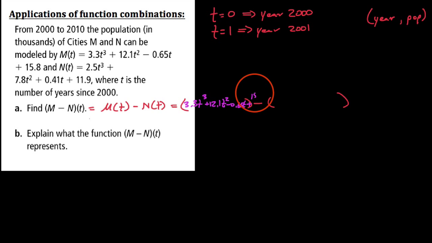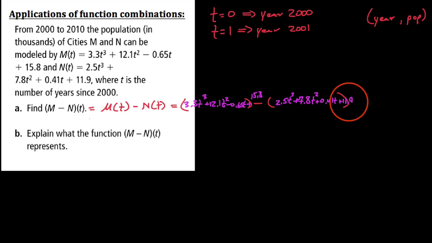And N of T is 2.5 T to the third plus 7.8 T squared plus 0.41 T plus 11.9.